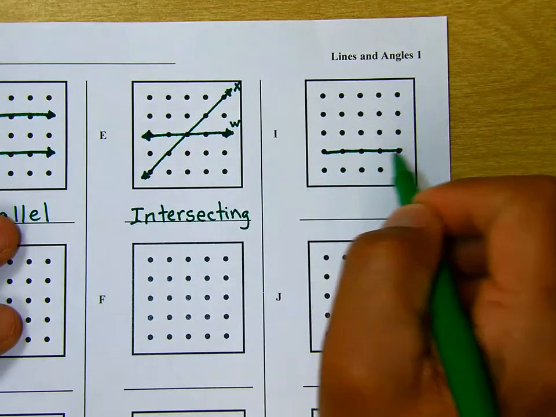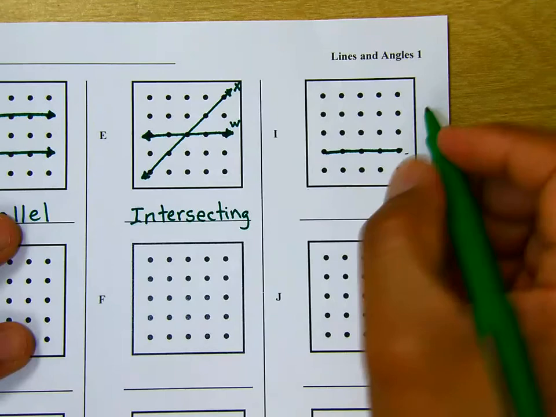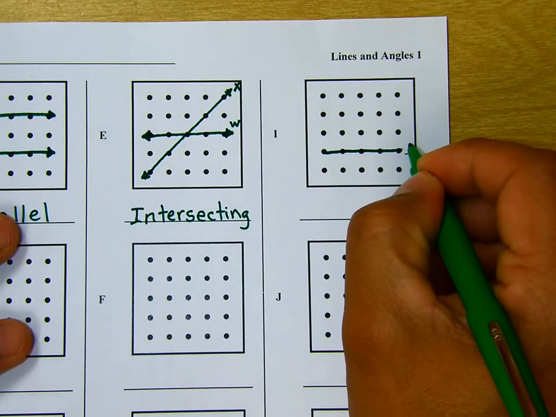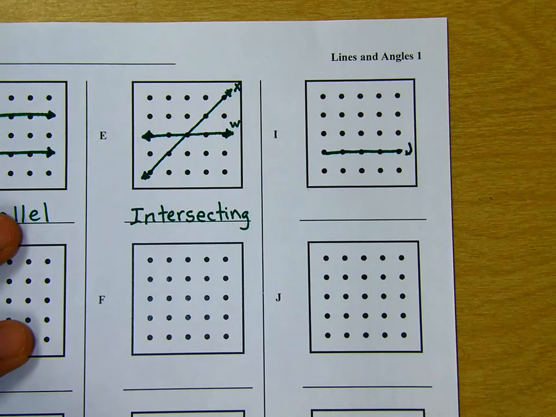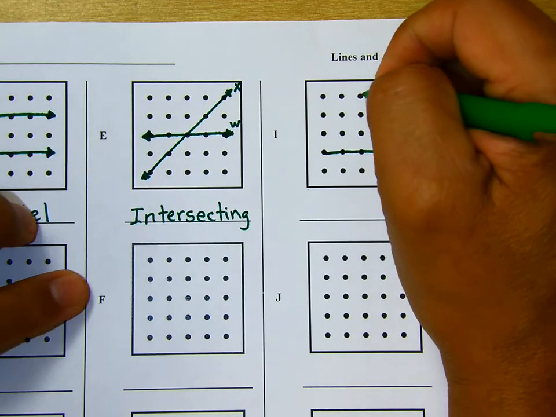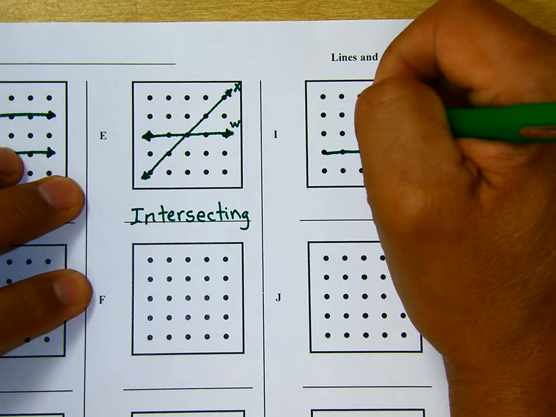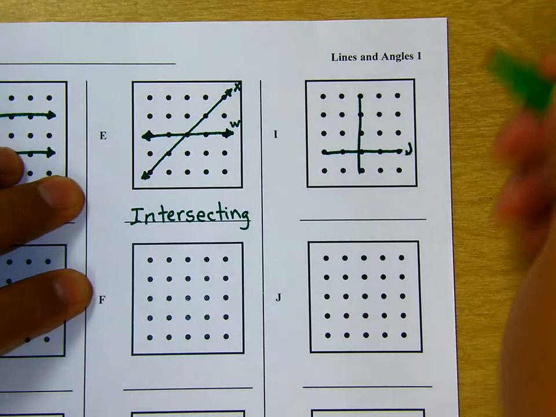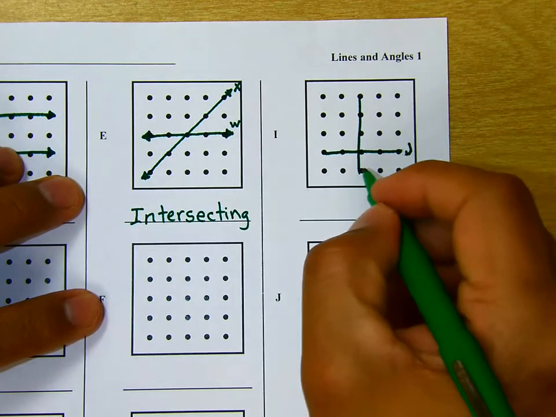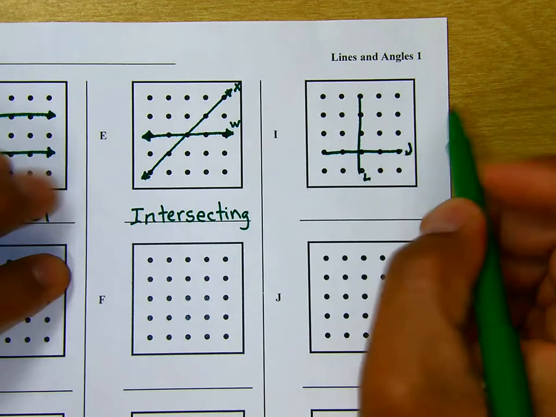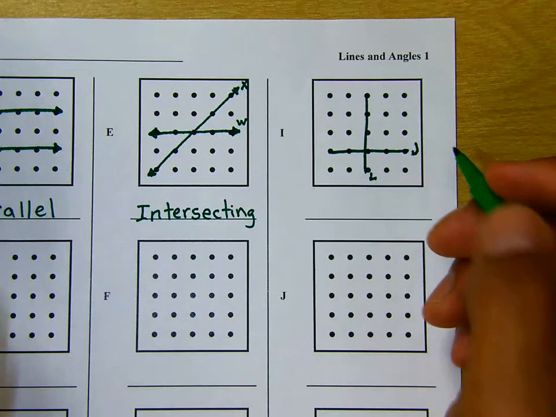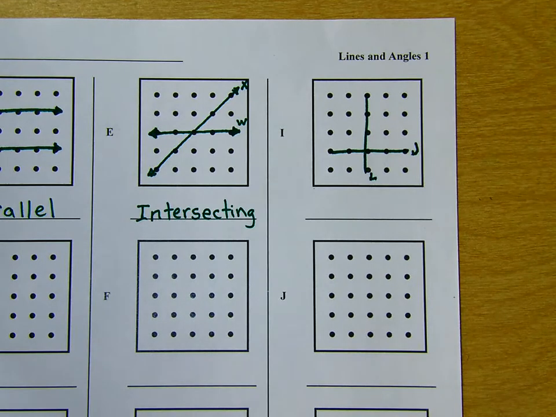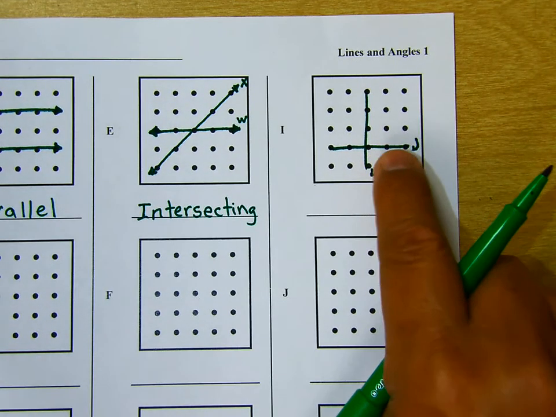So this is line segment, and let's call it J. Line segment J. And I'm going to make another line segment going down right here, and we'll call that line segment L. Line segment J and line segment L are perpendicular because they make a right angle right here.